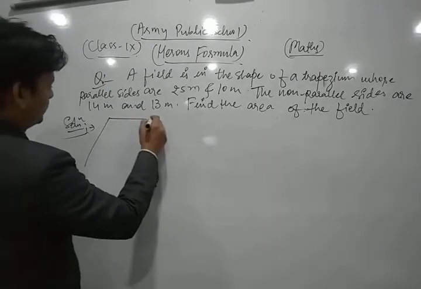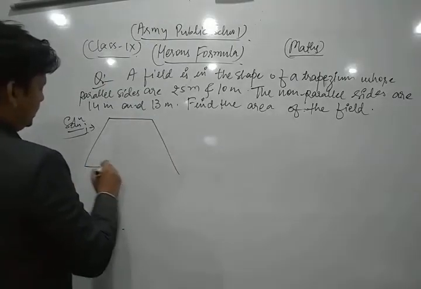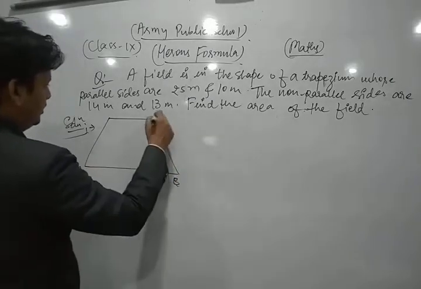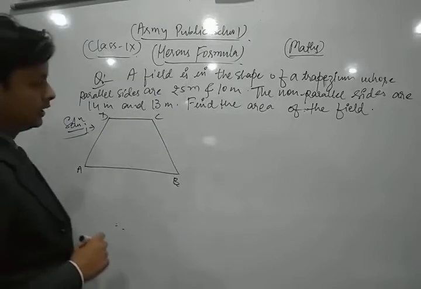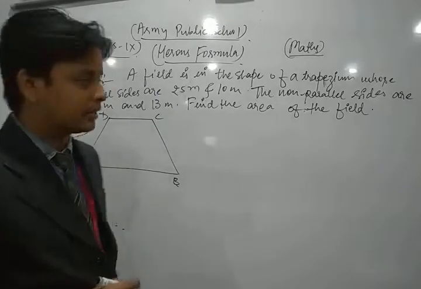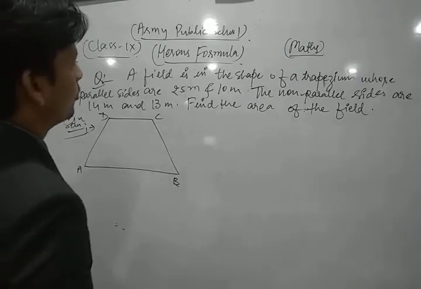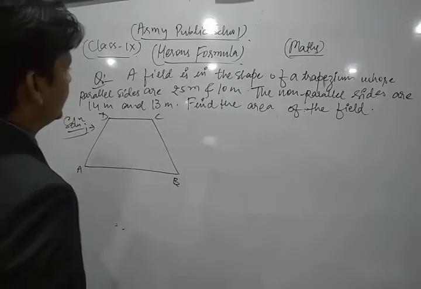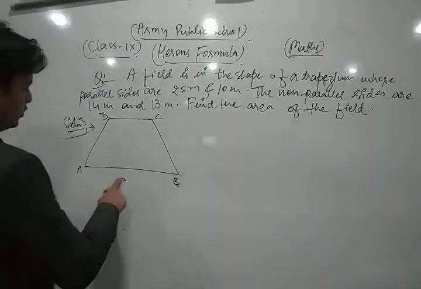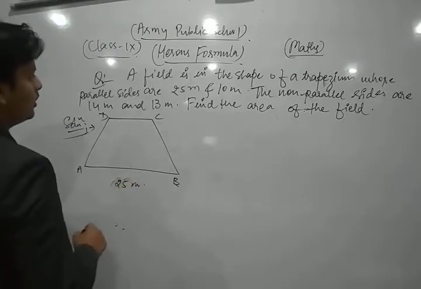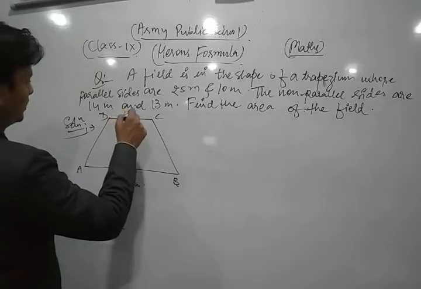Look, this is our trapezium. Let ABCD be a trapezium in which its parallel sides are 25 and 10 meter. So we take AB as 25 meter and CD is 10 meter.